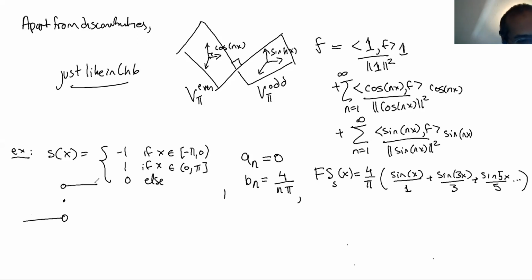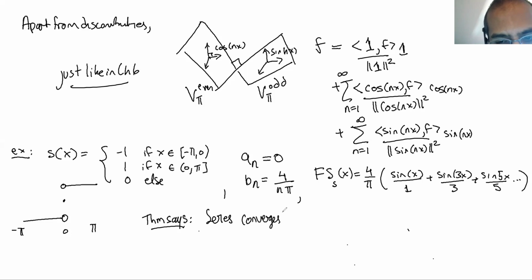So this is minus pi, this is pi, and this is 0. The function has one discontinuity at 0. So the theorem says that the series converges for every x in the interval.